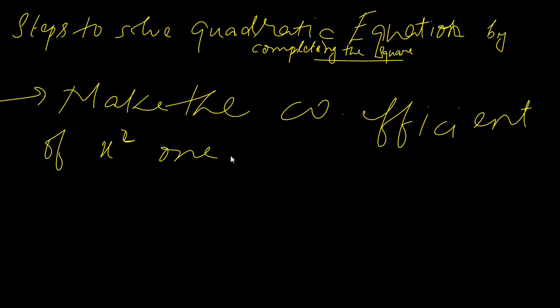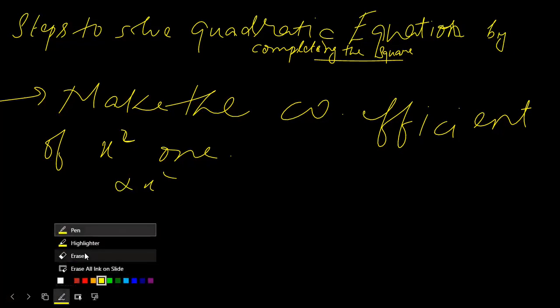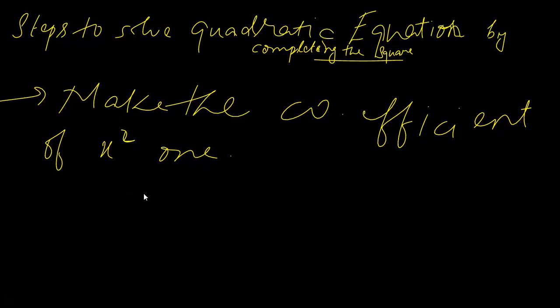How to make the coefficient of x square 1? By dividing. Like if we have it as 2x square, divide the complete equation by 2. This is just an example.